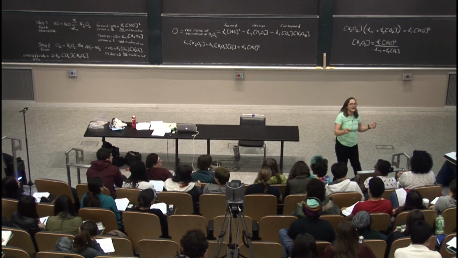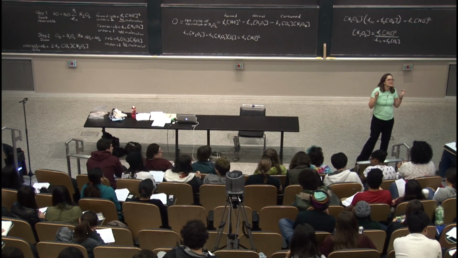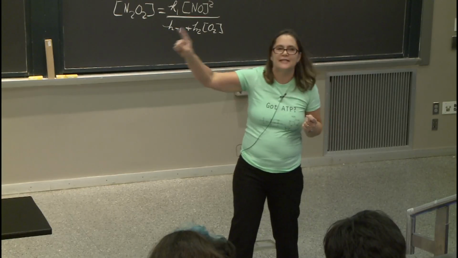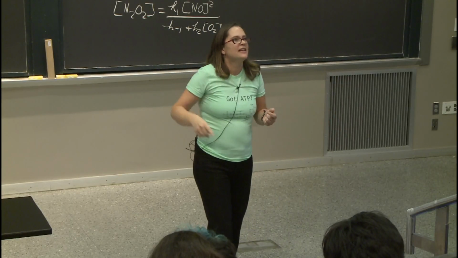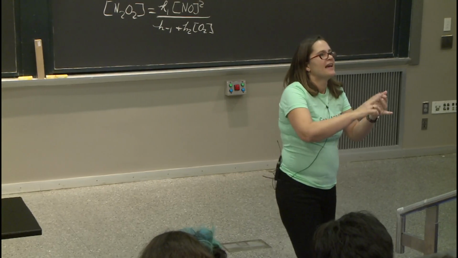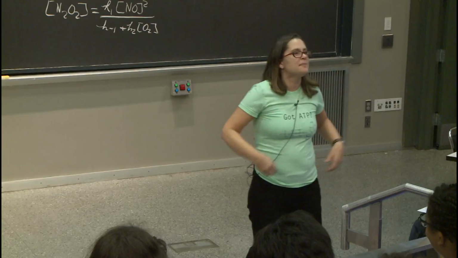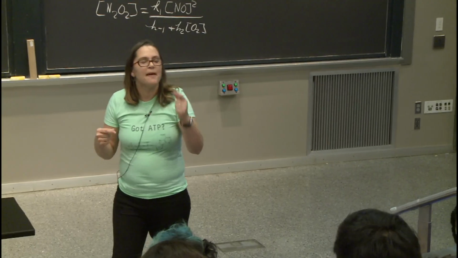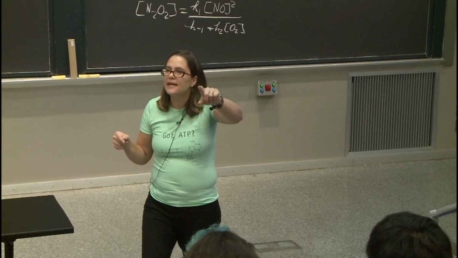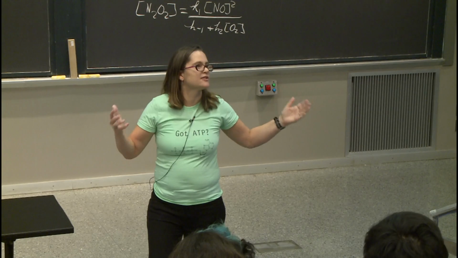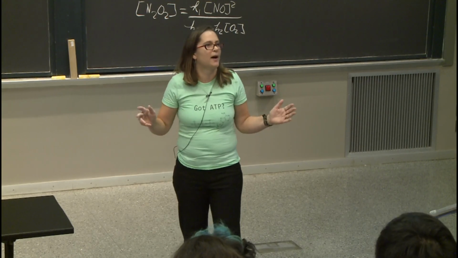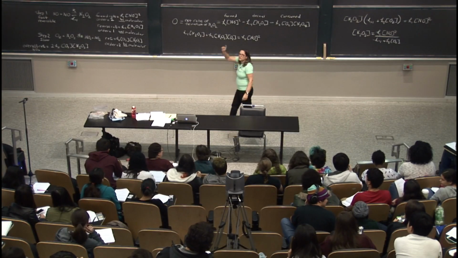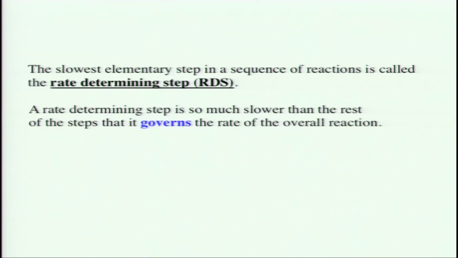So what you got to do to not let yourself be that person, the RDS in your group of friends, you need to get sleep, and you need to eat well, and you need to make sure you got your ATP. And that means, of course, to get enough sleep, you got to start problem sets early, especially the extra problems, because they're long. Okay. Rate determining steps, very important.